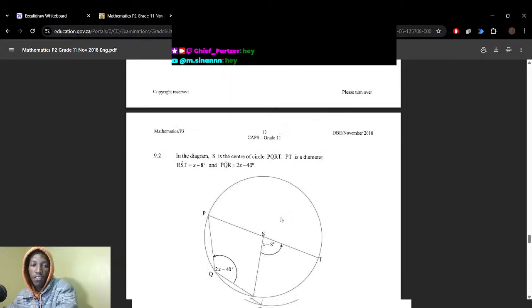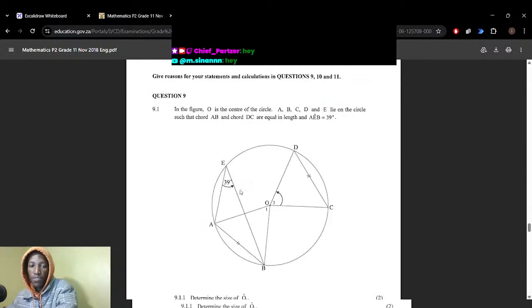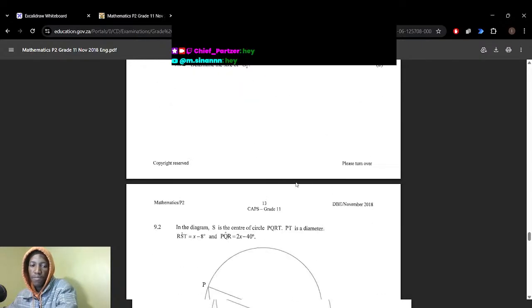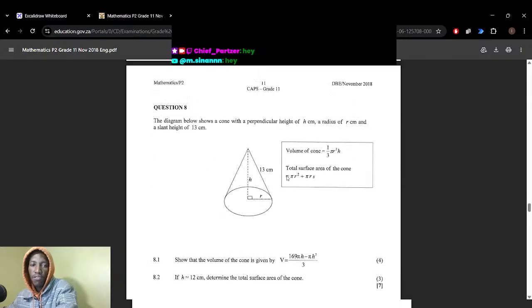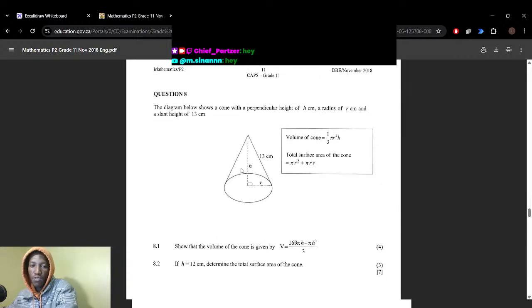Circle geometry, we're going to wait a bit with it. I know a lot of people find difficulty here, but trust me, once you understand this and all its theorems, it just becomes easy. So next time we're going to cover such questions as question 8, questions that had to do with shapes and everything else.